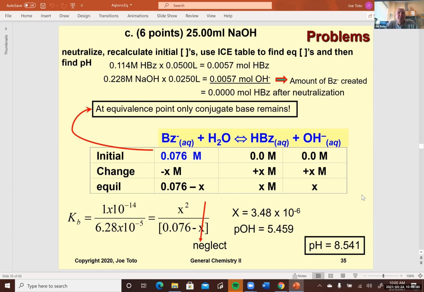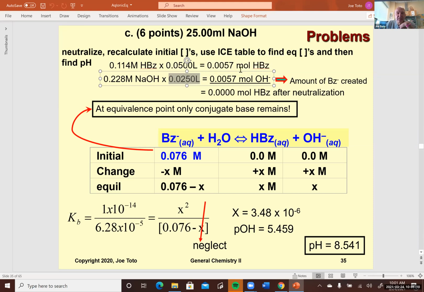How do I know? Well, they tell me to calculate the pH when 25 milliliters of NaOH was added into that benzoic acid. Again, I know the moles of benzoic acid initially from molarity times volume. I know the moles of NaOH introduced when you added 25 milliliters. And I see, wow, they're the same.